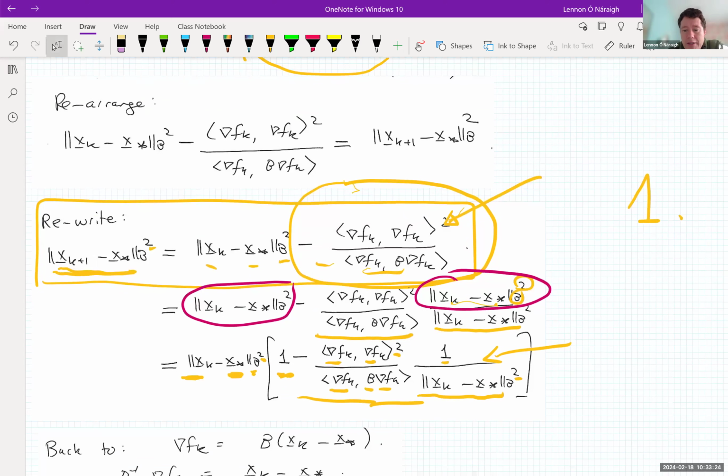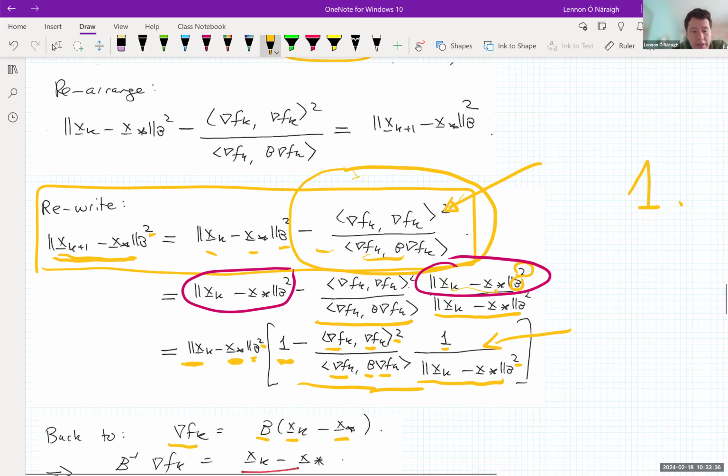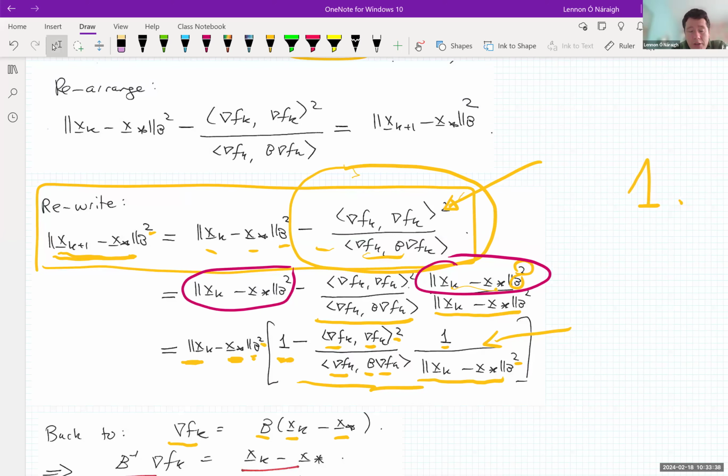So to make this last expression a bit nicer, I go back to the quadratic model problem, where grad f is equal to B into xk minus x star. And I take a matrix inverse on both sides, and I can do that because this is an invertible matrix with all positive eigenvalues. So B to the minus 1 times grad f is xk minus x star.